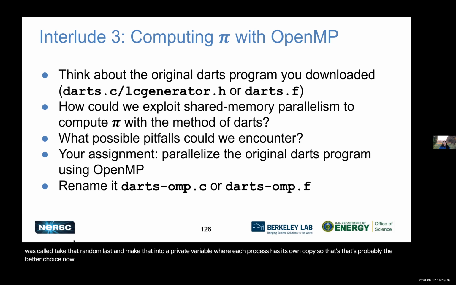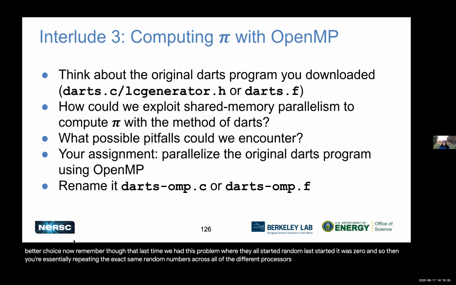Now remember, last time we had this problem where random last started at 0. So you're essentially repeating the exact same random numbers across all of the different processors, or in this case, threads. And so you're doing the same amount of work for a fraction of the same accuracy. So we'll also have to change the starting seed for each process.